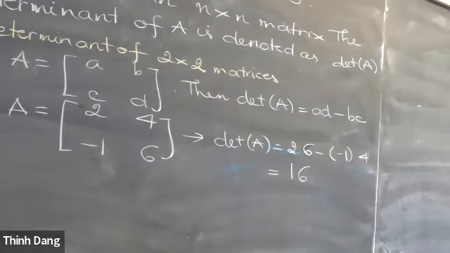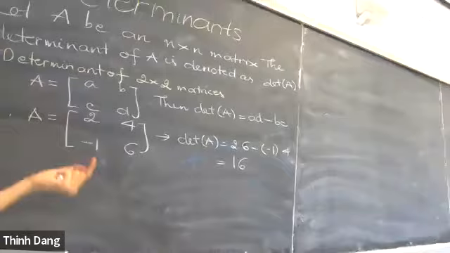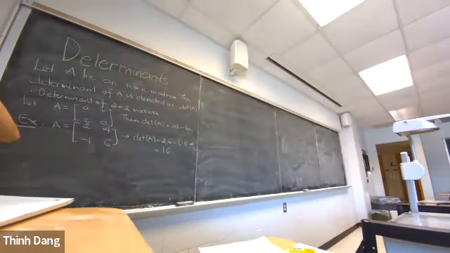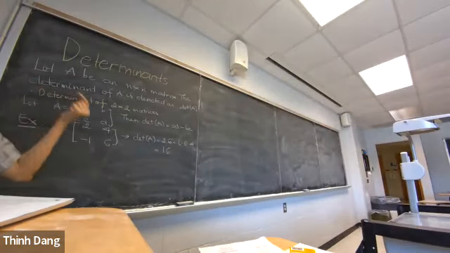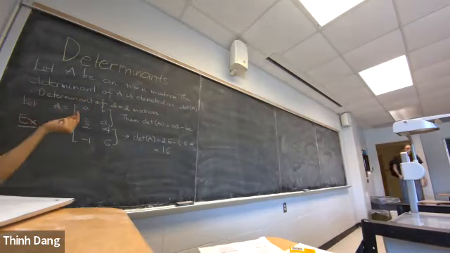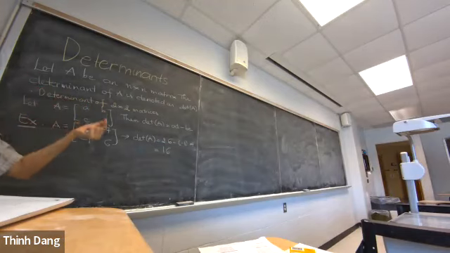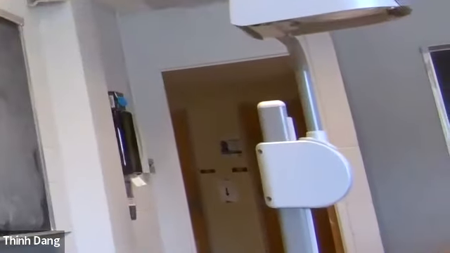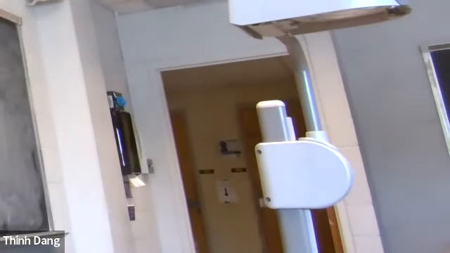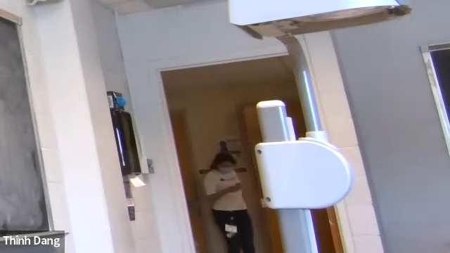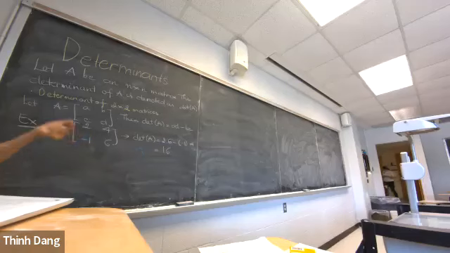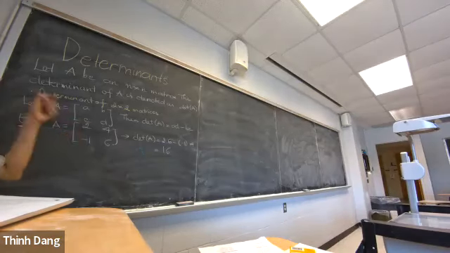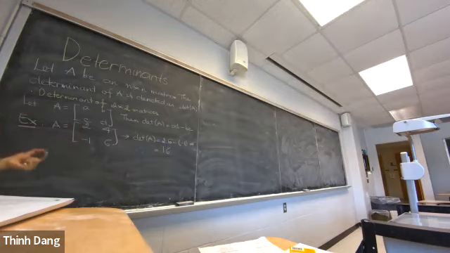Let's move on to the determinants of square matrices with bigger size. As you can see, when the size of the square matrix increases, the number of entries also increases. In a 2 by 2 matrix we have 4 entries, but in a 3 by 3 matrix we have 9 entries in total. So it is impossible to form a general formula for the determinant in terms of all the entries.